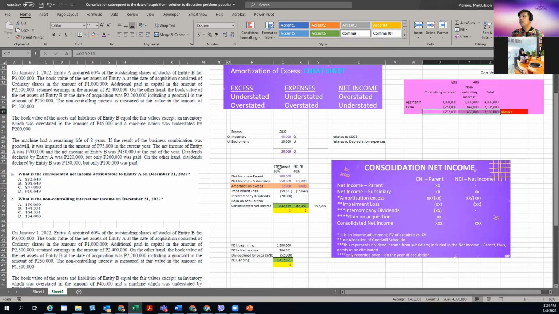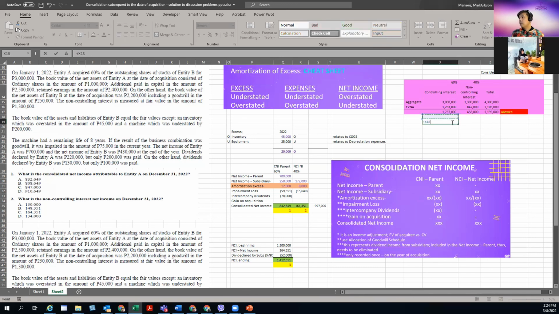So paano 'yan? So how much ba yung impairment loss? So it's also given. The impairment loss was 75,000. So 75,000 multiplied by 1,737,000 over 2,195,000. So proportionate lang. Ginagawa na natin ng proportionate.